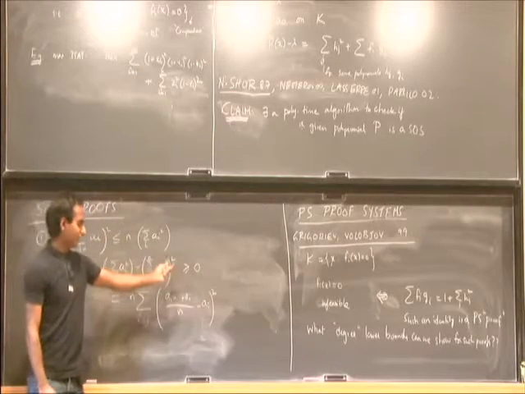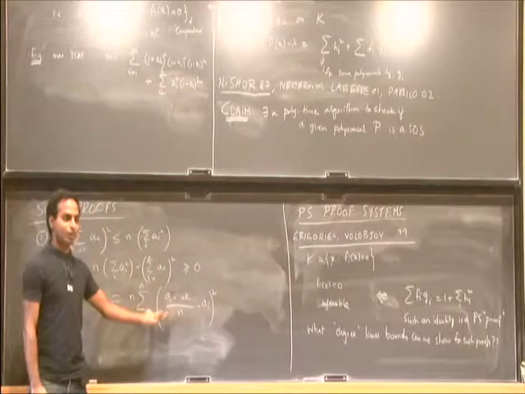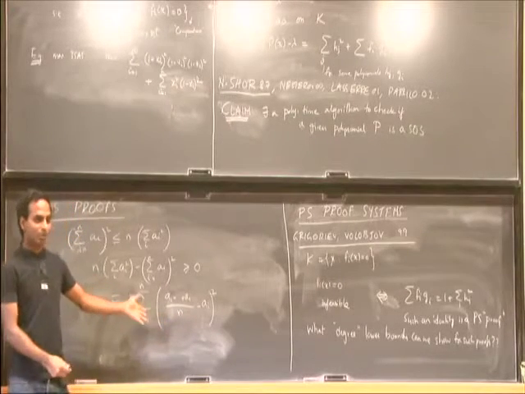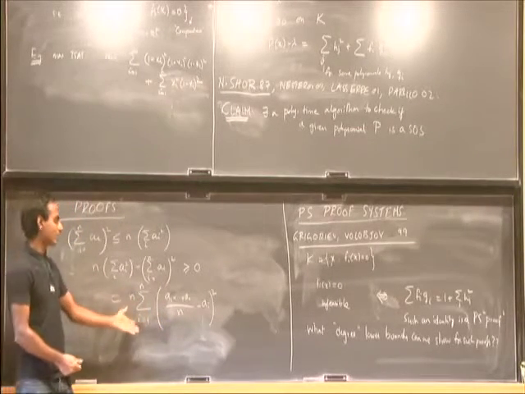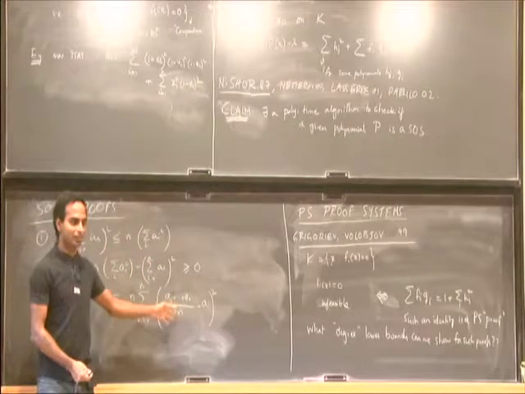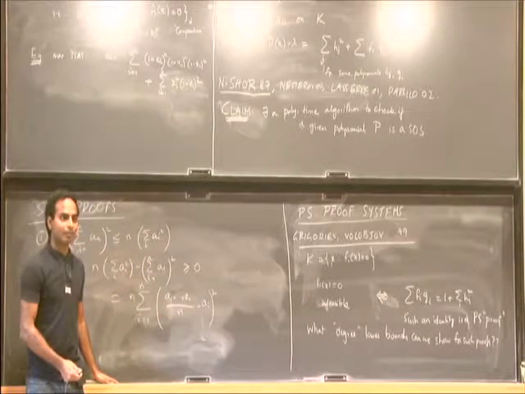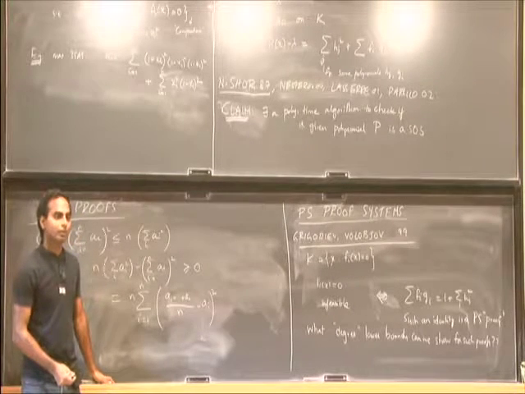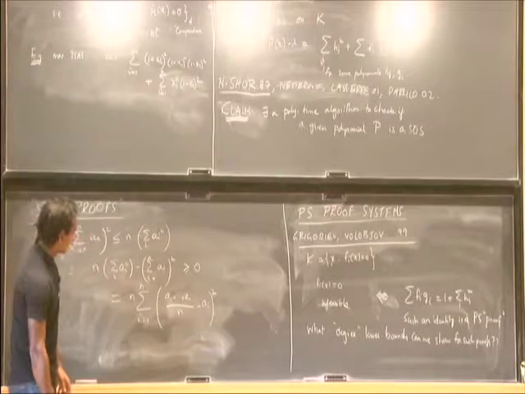So not only is it non-negative, but it's also a sum of squares of polynomials. You can just verify this identity, and this is how you usually prove Cauchy-Schwarz, and you also get the equality case for free.